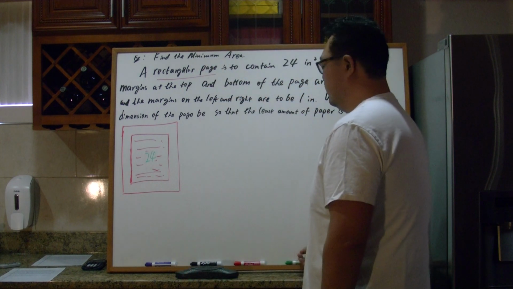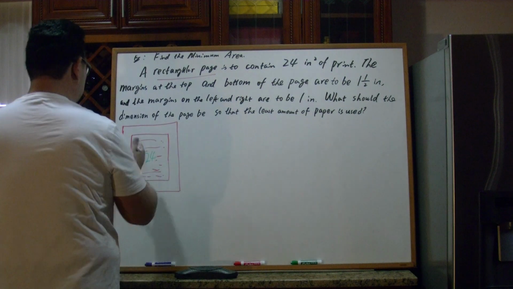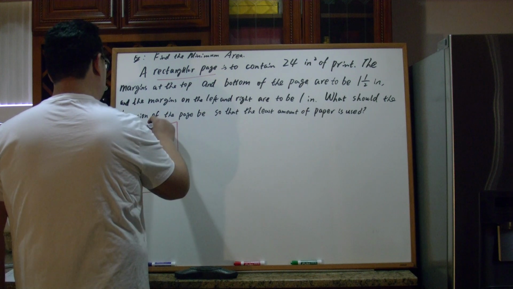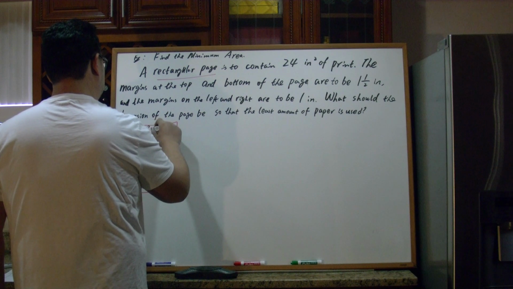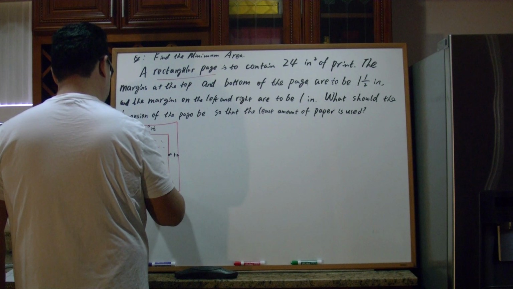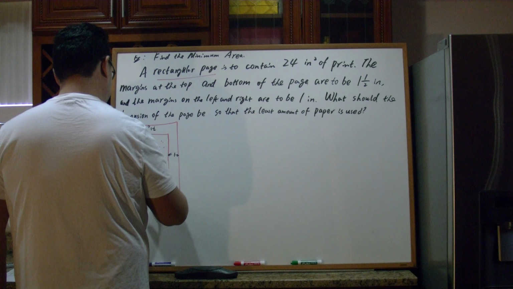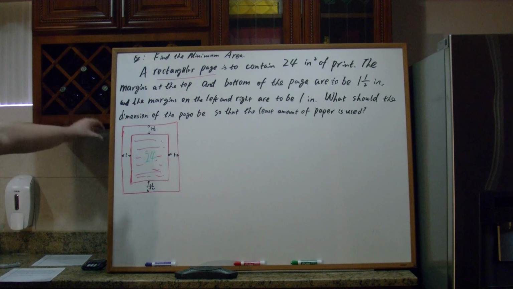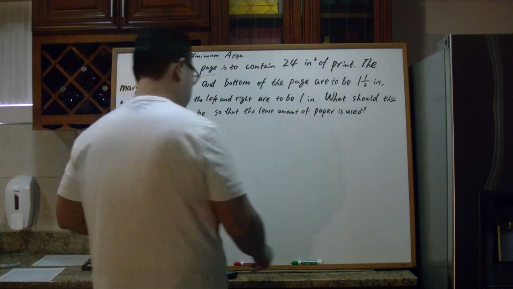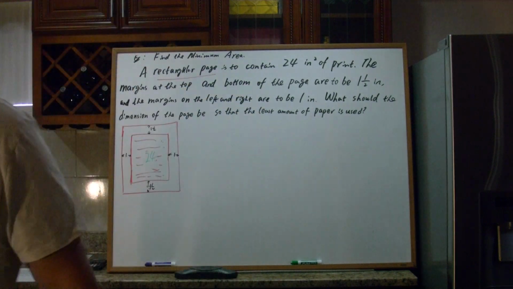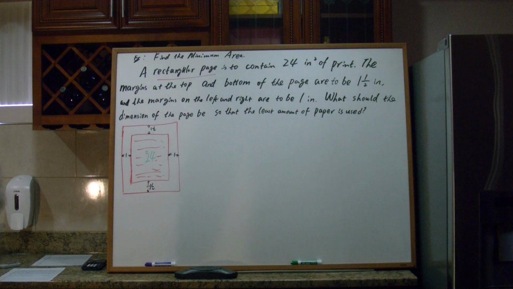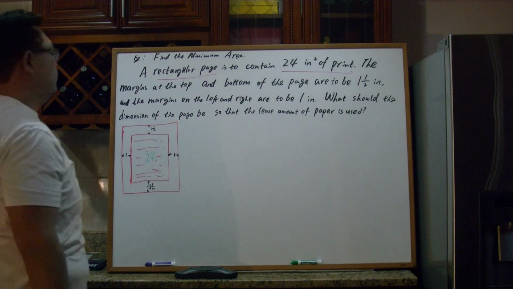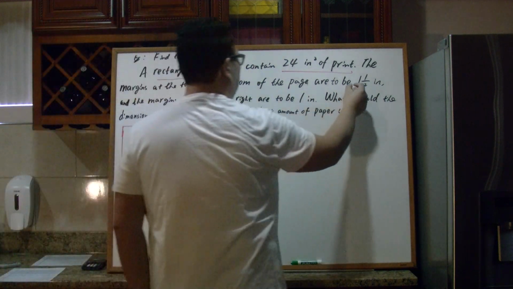But to view it, the margin on the side is 1 inch, on the top and bottom is 1.5, and the middle printing area is 24 square inches. That is 24 square inches of print in the middle, and the margins are 1, 1, 1.5, 1.5.